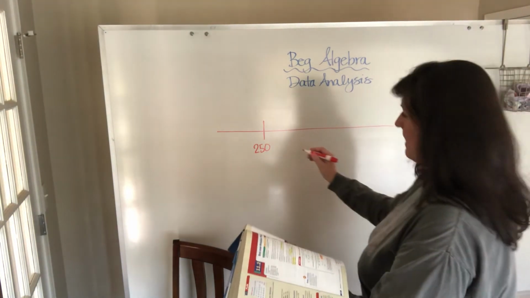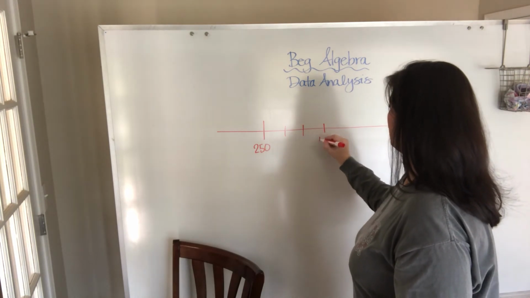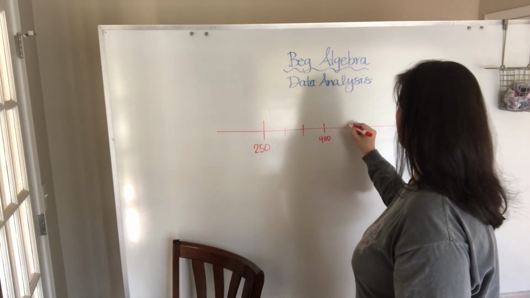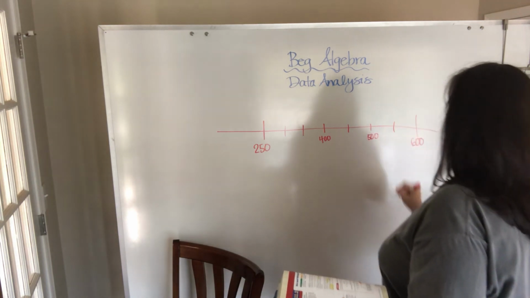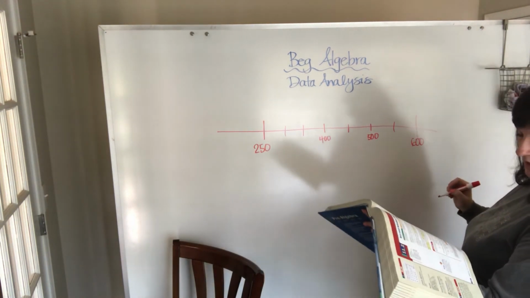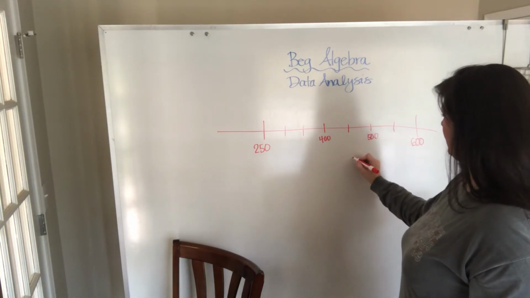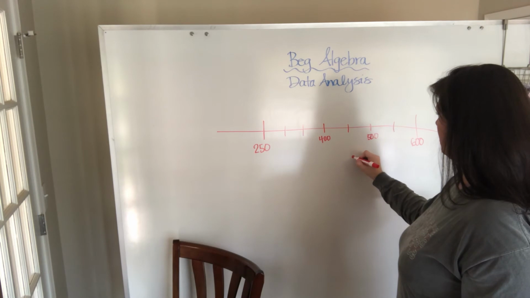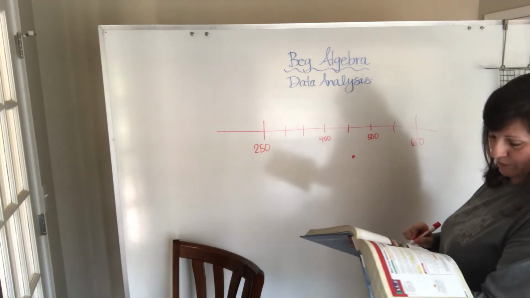So this goes by, let's see, 300, 350, 400, 450, 500, 550, 600, okay? So my median there is 452. Okay, so here's 450, so I put a dot right here, okay? I'm going to go with that's about 452.